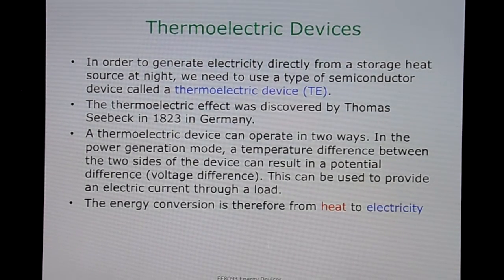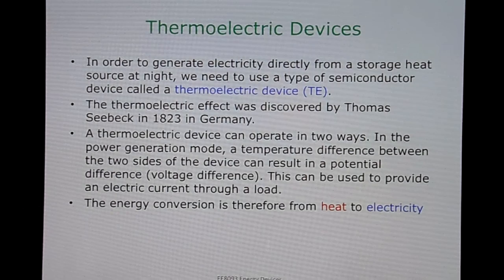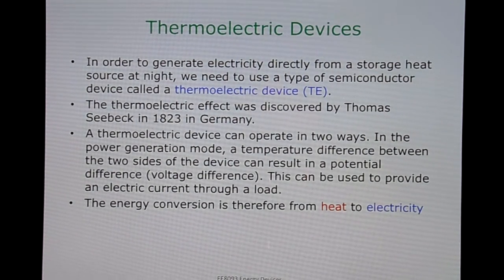So now we apply a potential difference or a voltage difference between the two terminals of the TE device, and what happens is that heat will flow from the hot side to the cold side of the TE device.